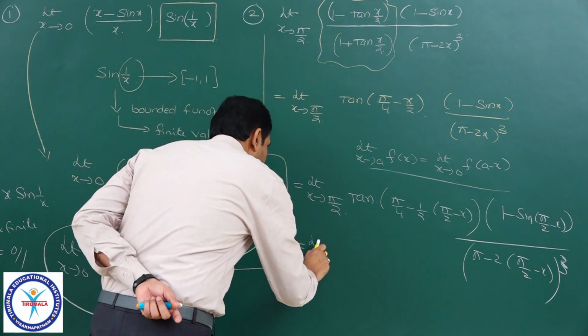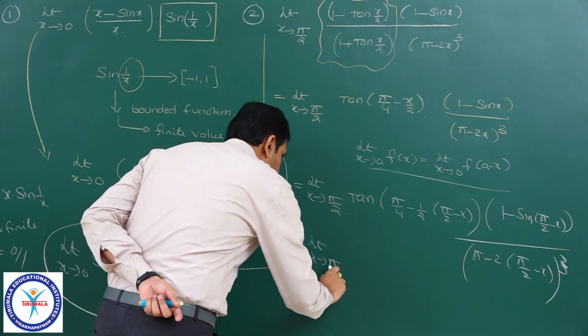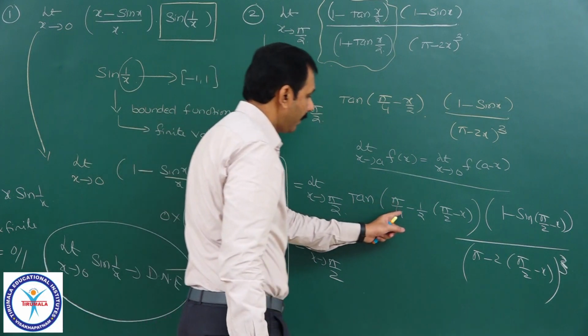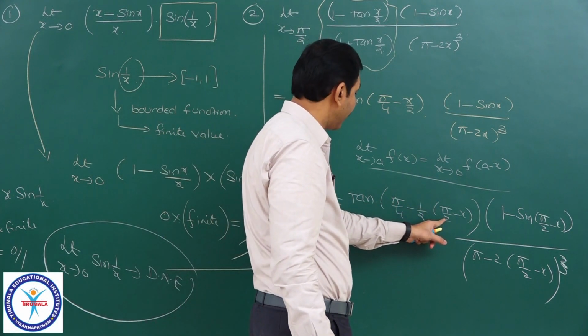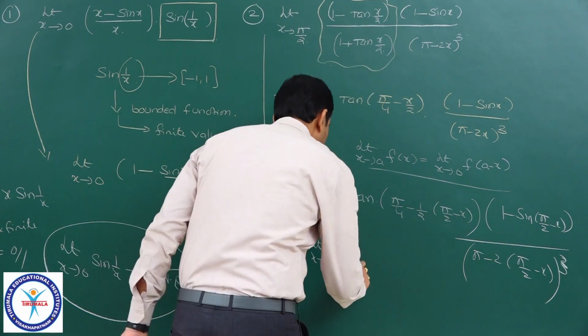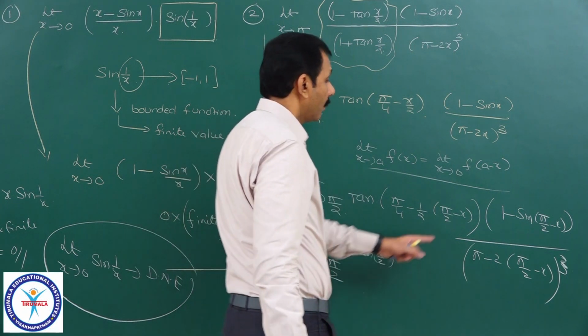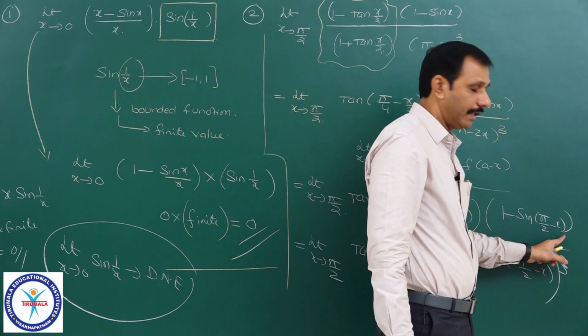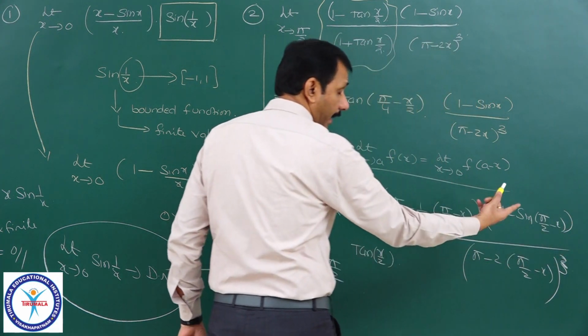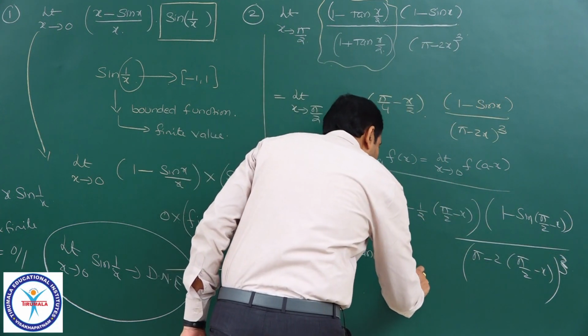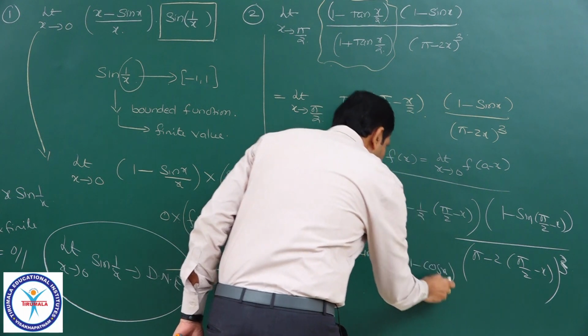It is limit as x tends to 0. pi by 4 minus pi by 4 will get cancelled, leaving tan of x by 2. 1 minus sin of 90 minus theta is cos theta, so it is sin 90 minus x, cos x. 1 minus cos x.